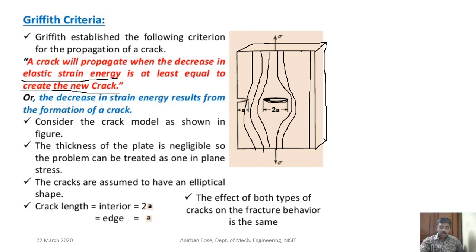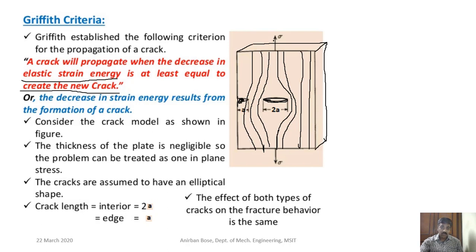So the flow lines will look like this. We just ignore this particular thing right now. Suppose there is no crack present here, just ignore it. Only this internal crack is there. So these will be the stress flow lines that pass from one end to the other.